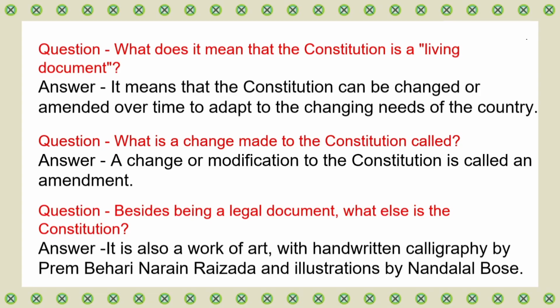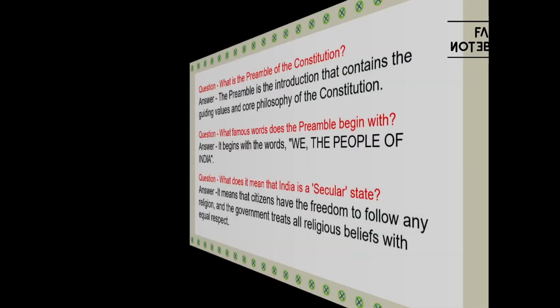Question: besides being a legal document, what else is the Constitution? Answer: it is also a work of art with handwritten calligraphy by Prem Bihari Narain Raizada and illustrations by Nandlal Bose.